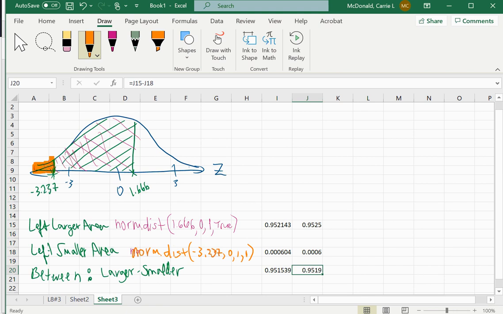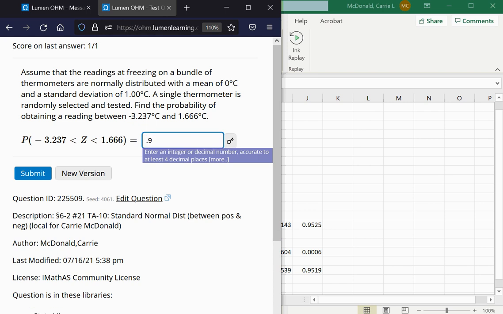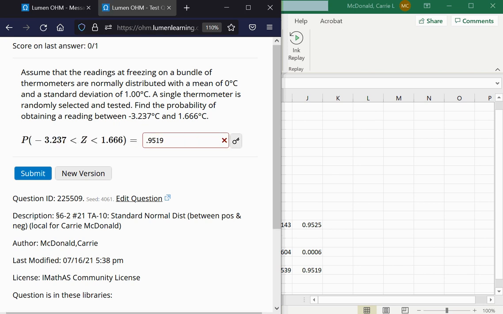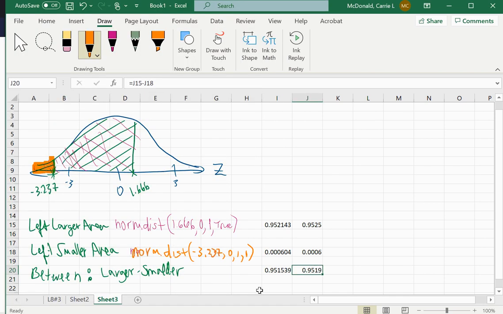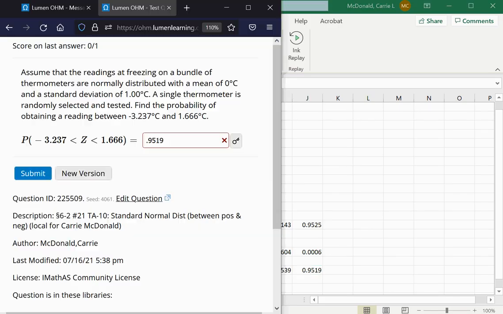And usually the homework will accept either answer. So if I were to put in 0.95, I don't know if it'll let me even try it like this once I've already got it right. Well, it didn't like that table way, this particular question. I wanted a more accurate answer.